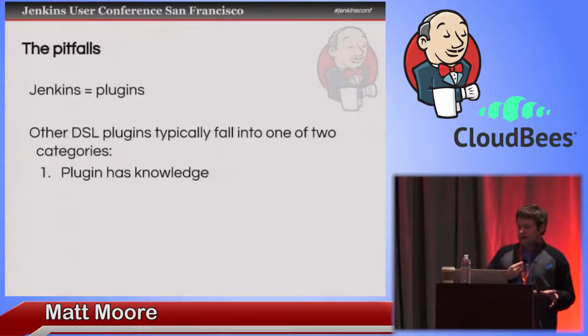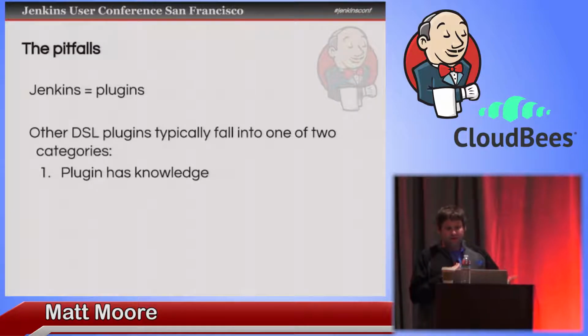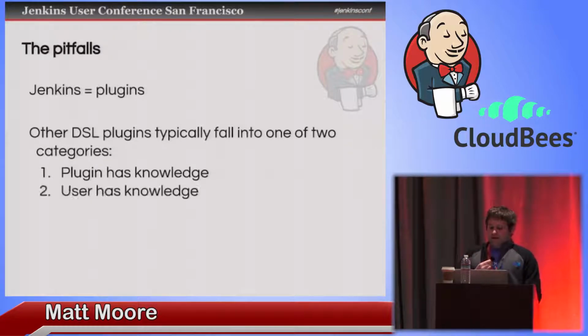We'll see an example of this in a second. Or in the case of other plugins, they expose their own plugin model that other plugins have to adopt in order to be available in the DSL. The other category is they put that knowledge on the user, and you effectively have to script the Jenkins object model, which is not a very good place to start using a CI or CD system.